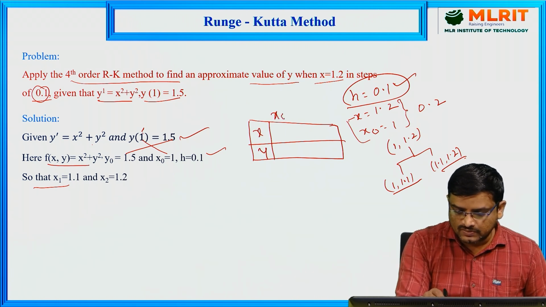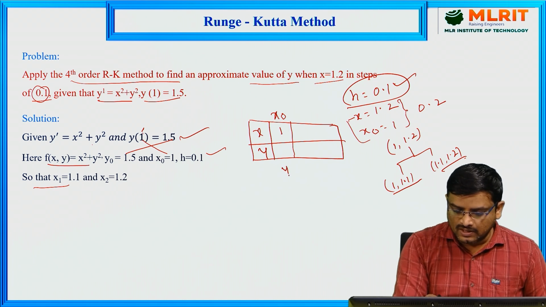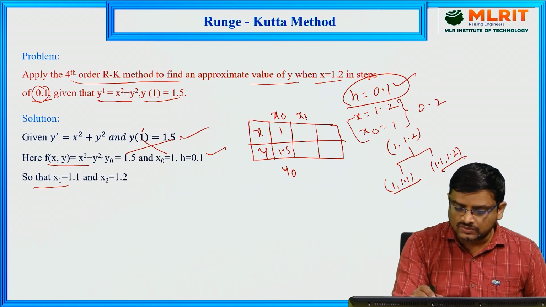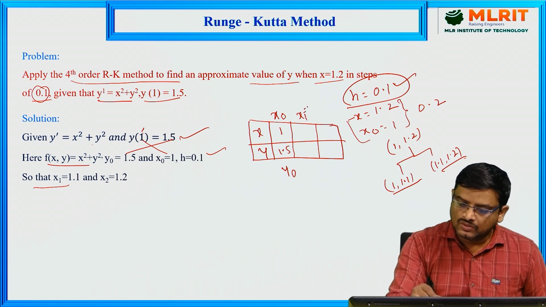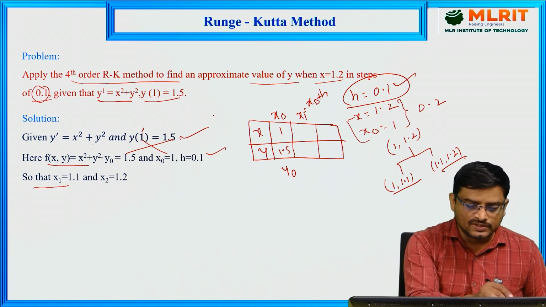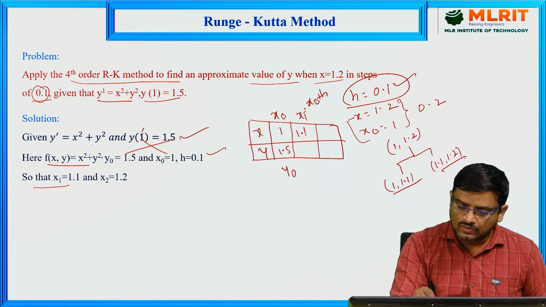The first x value is x naught, which is given as 1, and y naught is given as 1.5. Now we have to get the x1 value, which is x naught plus h. x naught is equal to 1 and h is 0.1, so you will get 1.1.